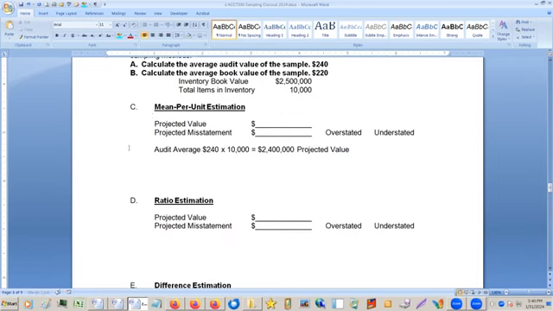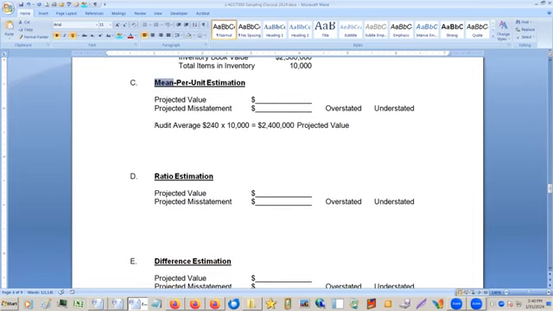Again, I think a good way to remember these is just look at, actually read what it says. Mean per unit is just average per unit. Whose average? The audit's average, the one that we believe in the most.